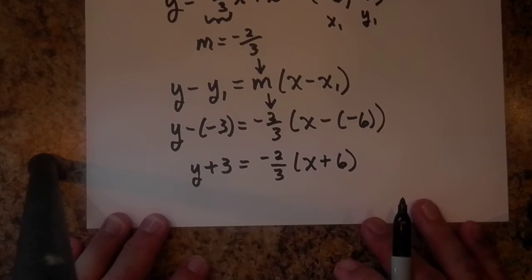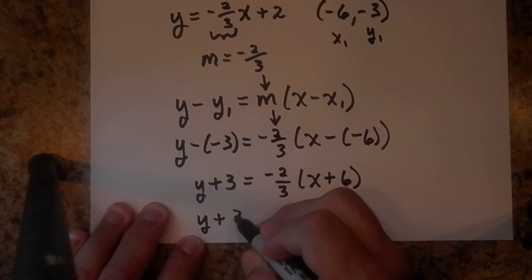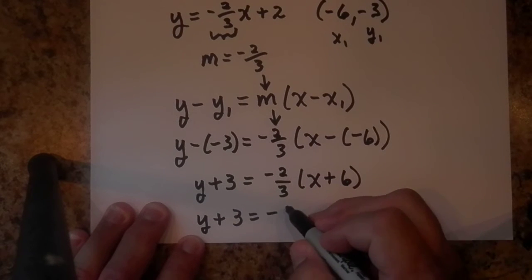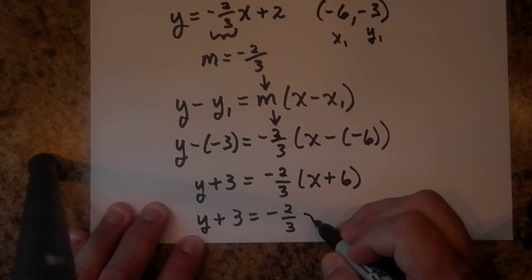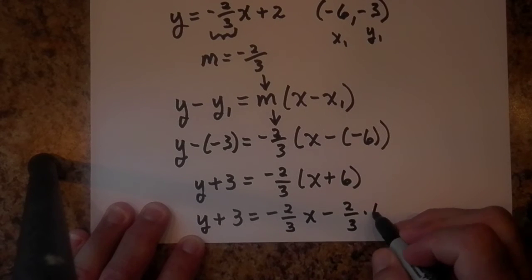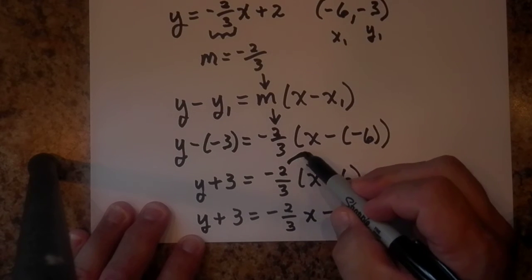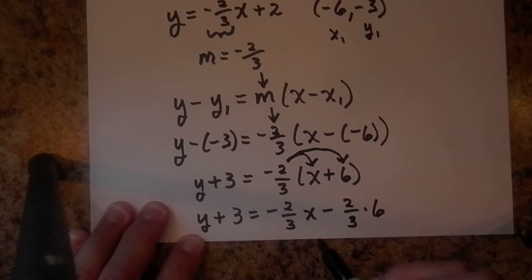So I'm going to continue now. y plus 3 equals -2/3 x minus 2/3 times 6. So I've distributed the -2/3 through these parentheses.